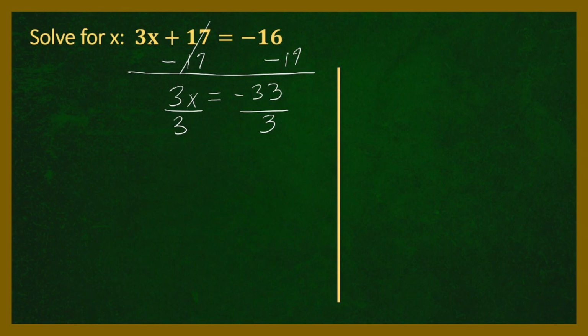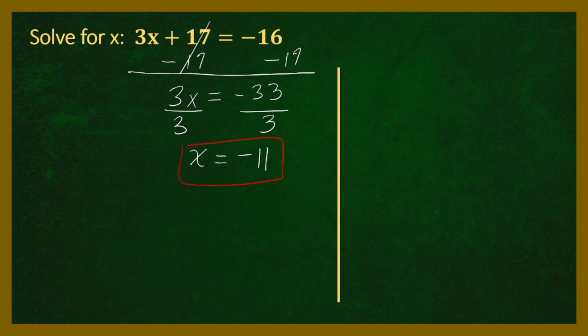That gives us 1, or we can simply say x, because our coefficient, which is the number preceding x, is understood to be 1. On the right side, negative 33 divided by 3 gives us negative 11, because a negative divided by a positive gives us a negative. So for our answer, we have x is equal to negative 11.